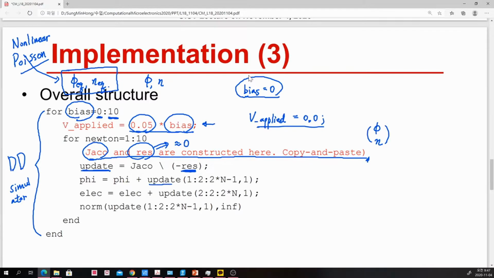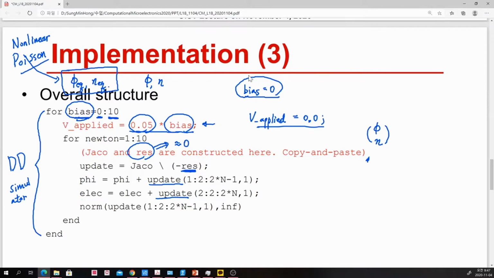So when you add your update vector to phi and to electron, you will have quite a small number.